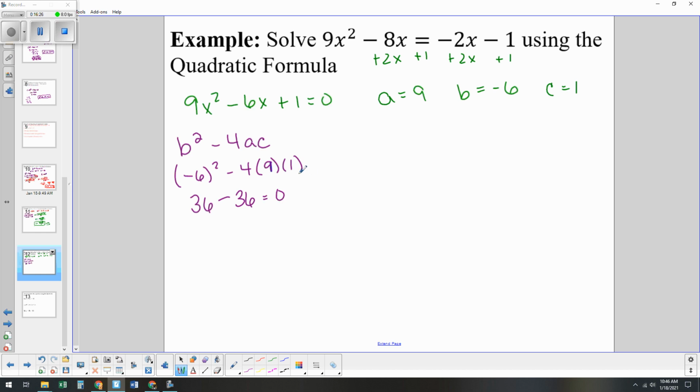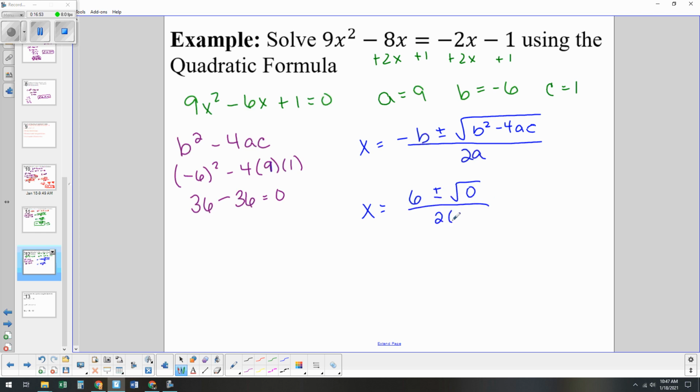So that means I'm only going to get one answer, right? It's a repeated solution. So when I go ahead and substitute in for opposite of b plus or minus square root of b squared minus 4ac all over 2a, that's going to be opposite of negative 6 is positive 6 plus or minus the square root of 0 all over 2 times a, which is 9.